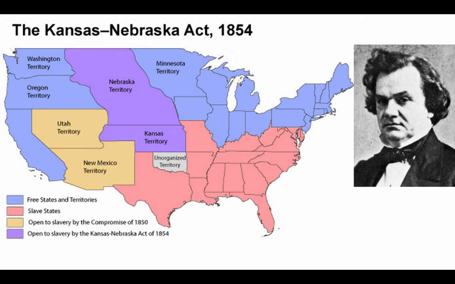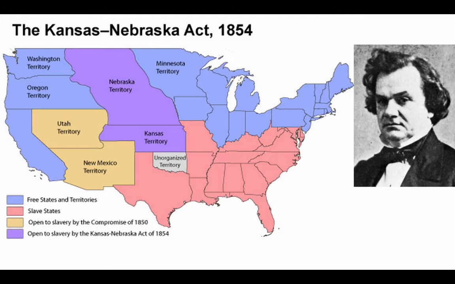Now, in order to build the railroad through the old Louisiana Purchase territory, it would help if that territory was organized into a territorial government, whereas at this time, it was unorganized. There was no government whatsoever in these territories.